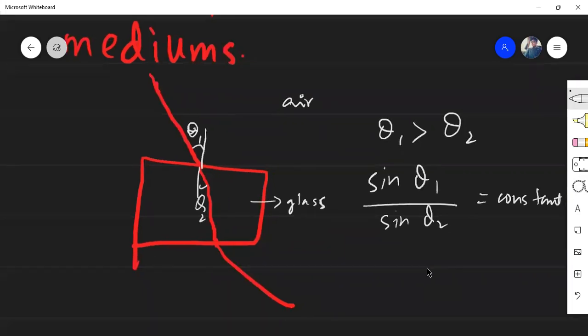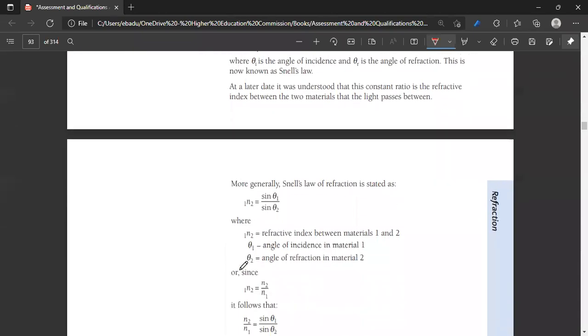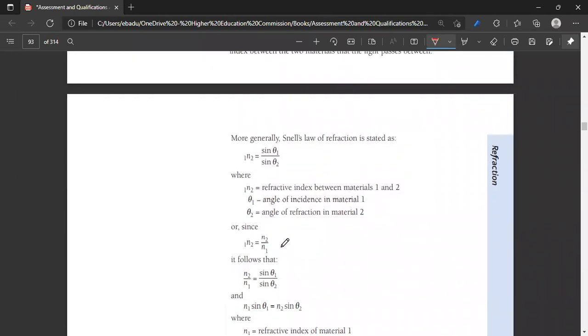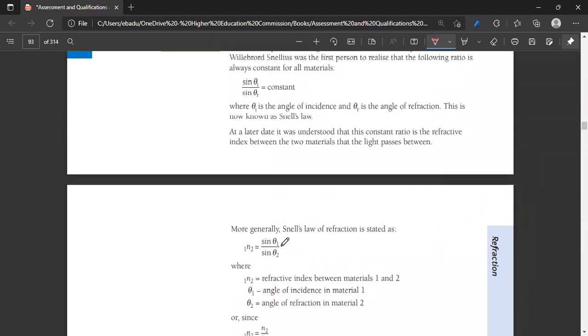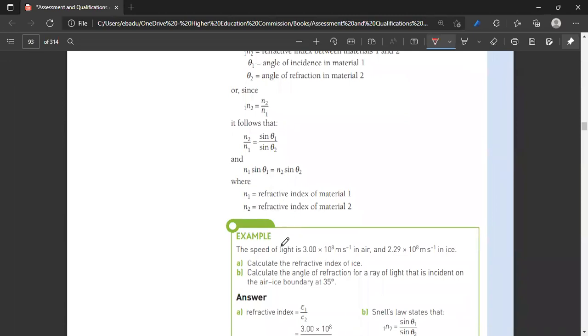It's called the Snell constant of the particular medium. If you know the angles, you can find the sines, and the ratio of the sines will always be a constant.